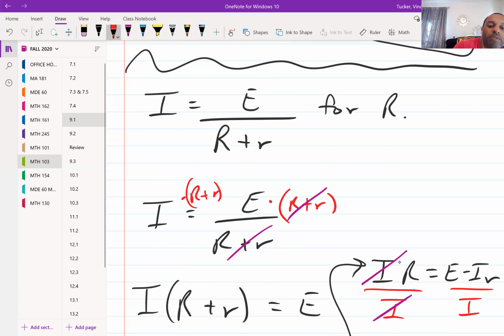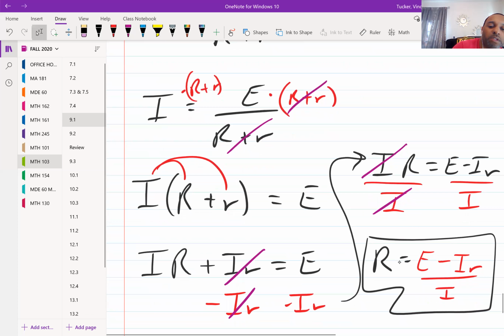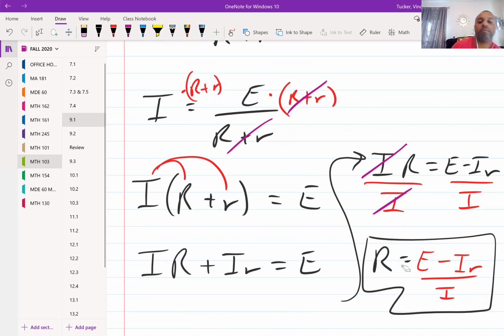All right, next, because we still need access to this capital R, but we don't have it because of the parentheses, we need to distribute I to remove the parentheses. So that'll give us I times capital R plus I times lowercase r equal to E. Still trying to get capital R by itself, so we're going to send over I lowercase r to the other side by subtracting it.